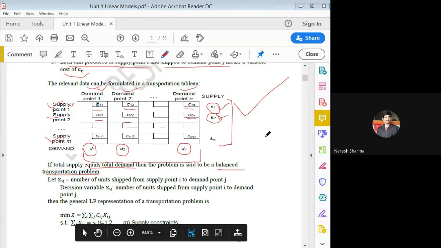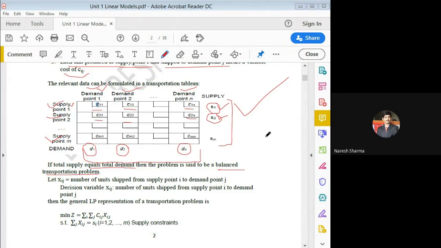So first we may write this matrix of the transportation problem as a linear programming problem. How do we do it? Suppose x11 is the number of units we supply from supply point 1 to demand point 1, obviously with the cost of C11. Similarly, we supply x12 units, giving the variable x12, from the first supply point to demand point 2.